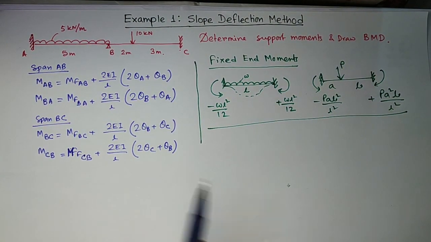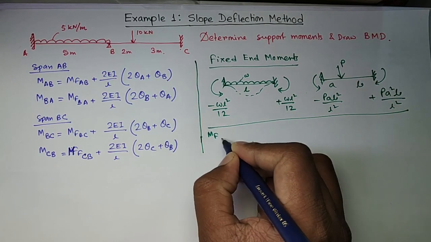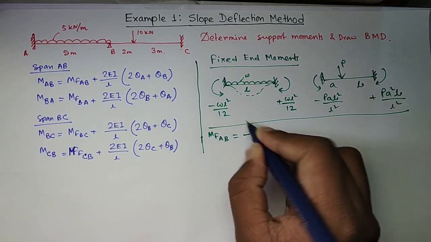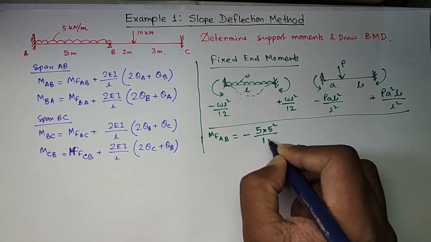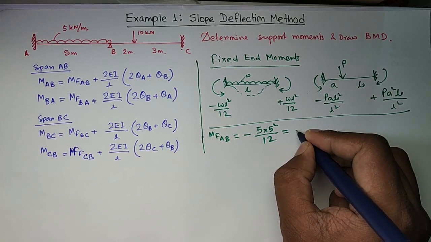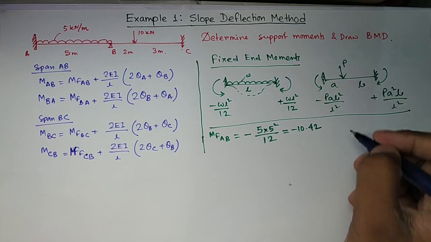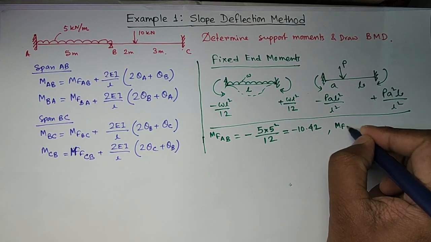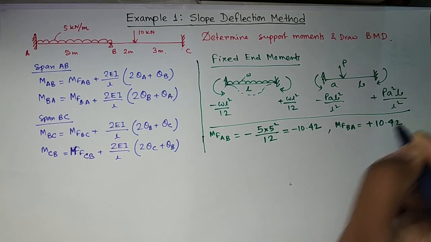Now we have to calculate these fixed end moments. MFAB equals minus WL square by 12, with W as 5, L as 5, divided by 12, which will be equal to minus 10.42. MFBA will be equal to plus 10.42.